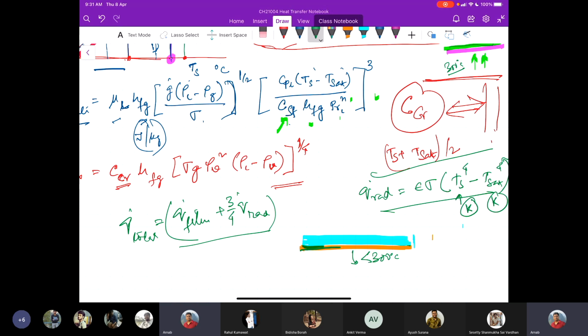That means when your heating surface is smooth, no roughness is there. Okay, so can you tell me, if you try to increase the heat transfer rate further in pool boiling, what you would do? What can you do basically?